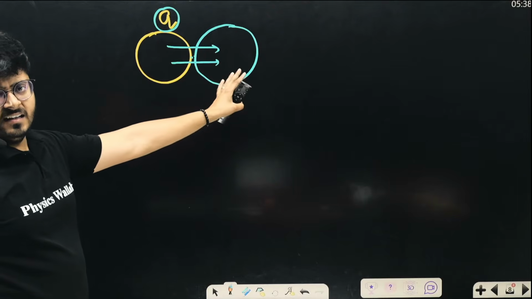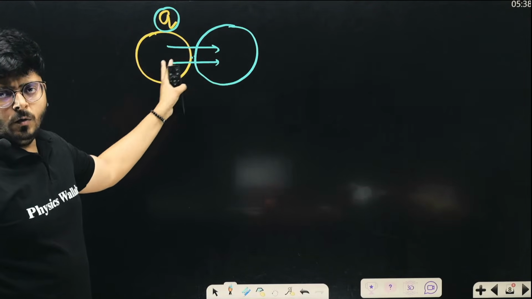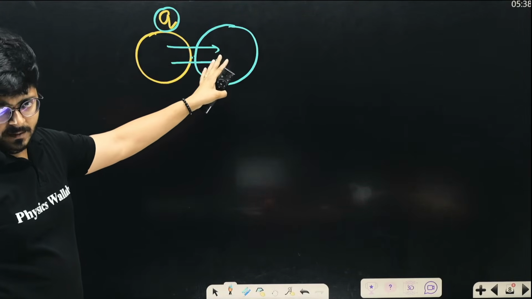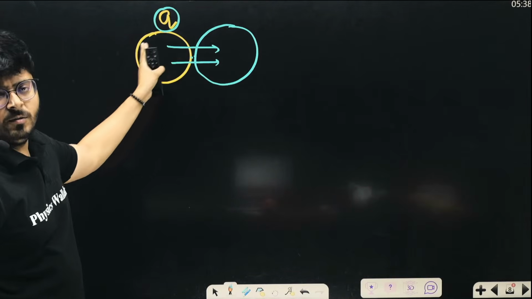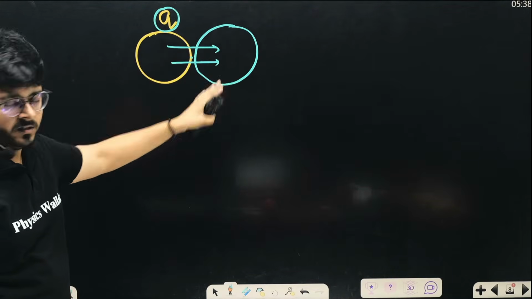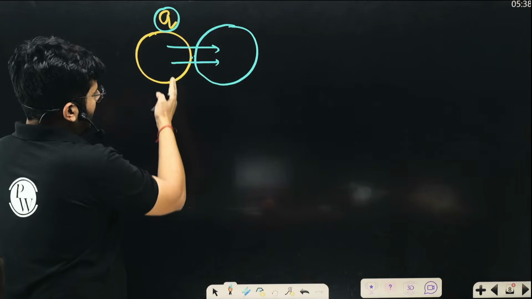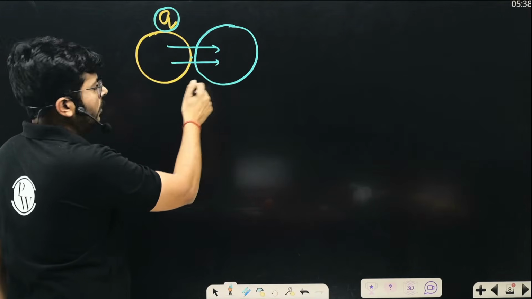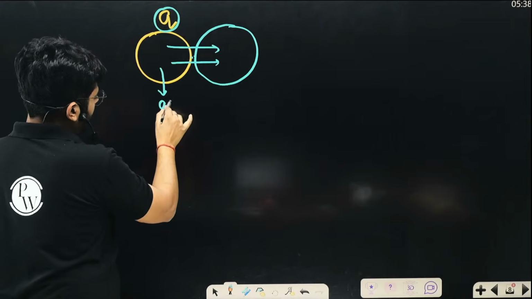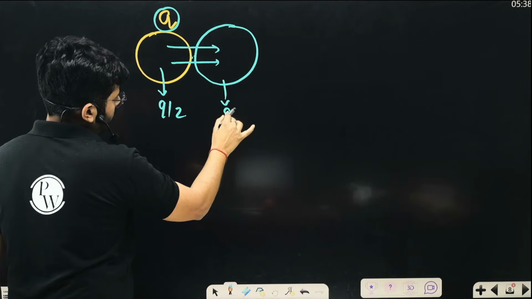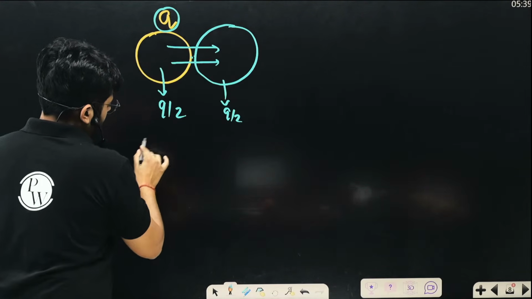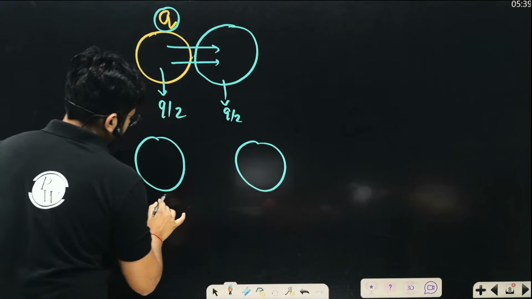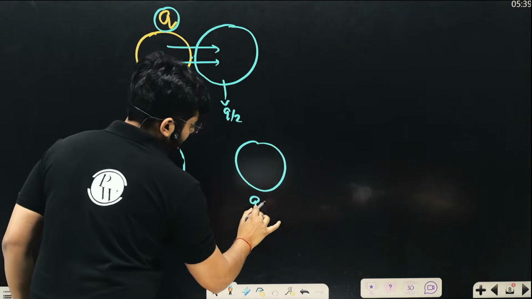Since they are identical, at equilibrium the charge will be equal on both of them. Whatever charge we have will be divided in half. The total charge was Q, half of that is Q by 2. So when you separate them, this one will have Q by 2 and this one will also have Q by 2.